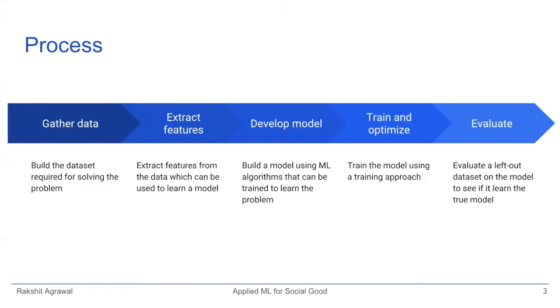Okay, so the process, as I described earlier, is that given a problem, you first need to gather certain kind of data, pre-process it, and basically get the essential components of data that are needed to build a machine learning model on top of it. The data by itself is just not ready to be pushed into a model.